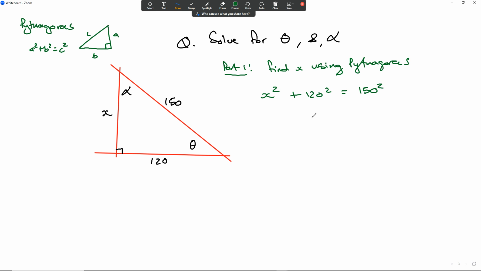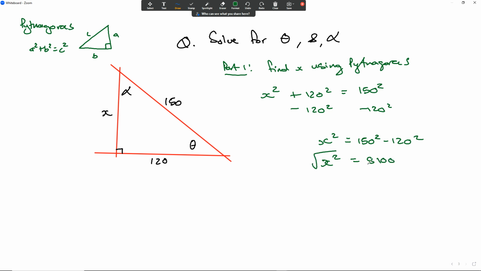And so we subtract 120 squared on both sides. You can square it on your calculator and subtract it afterwards if you want. This will come to x squared equals 150 squared minus 120 squared. And then now it's 8,100. So x squared is equal to 8,100.